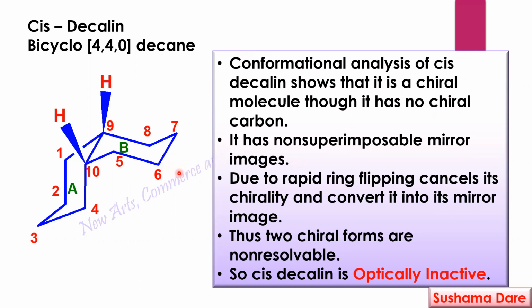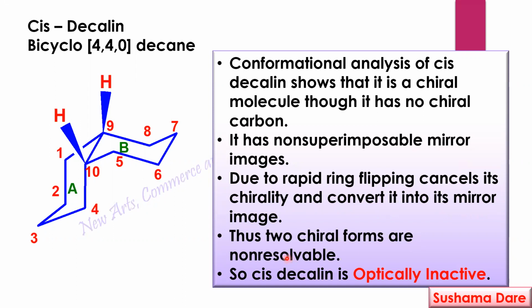But due to rapid ring flipping, which we already discussed, the AE structure and EA structure both are equally stable. Therefore, the ring flipping is rapid. Because of that, it cancels its chirality and converts into its mirror image.